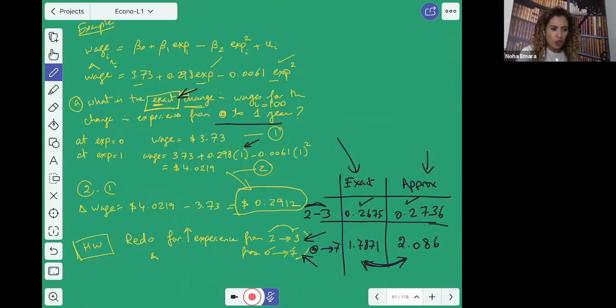If the change is small, like by 1 unit, then either exact or approximate. If the change is big, then you better go with the exact, not the approximate. The exact change is safer to use versus approximate when the changes are big.